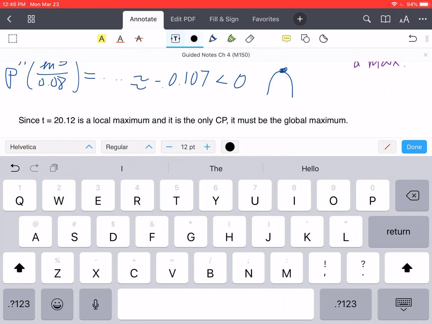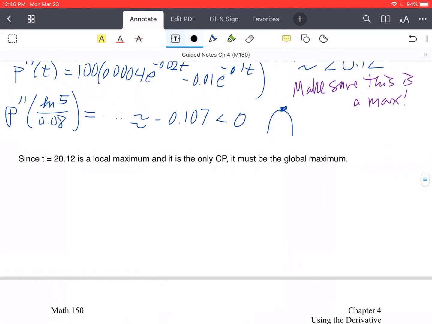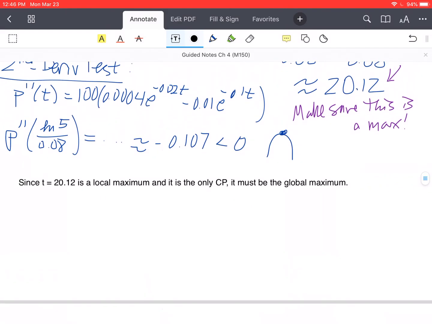Because it's the only critical point, the graph cannot have a min.